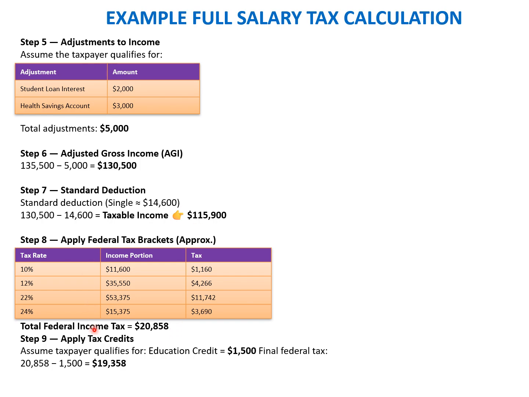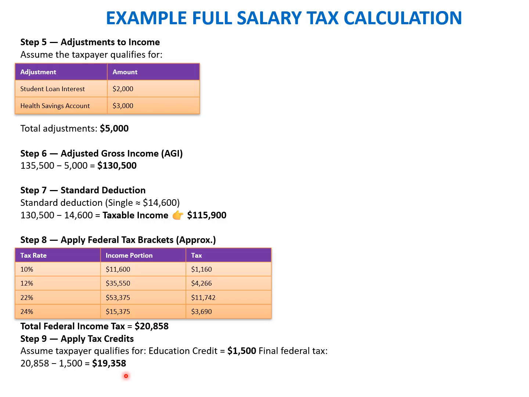In the next step, once we have arrived at the tax here, we will apply the tax credit. Assuming the filer has some credit, which is an education credit of 1,500, the final federal tax is 20,858 minus the tax credit, which is 19,358.